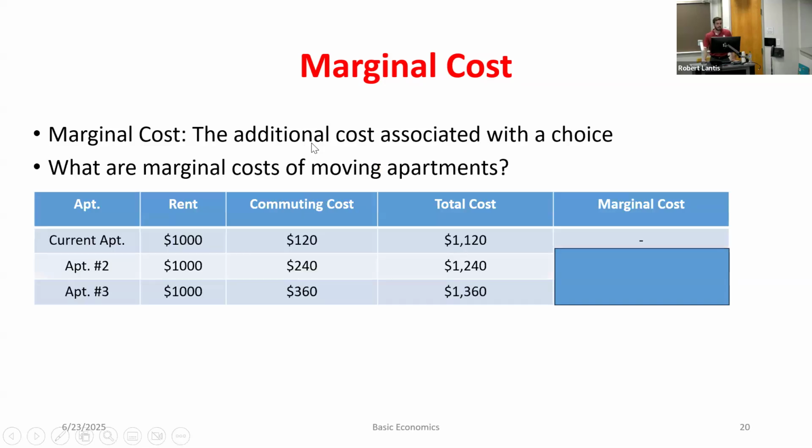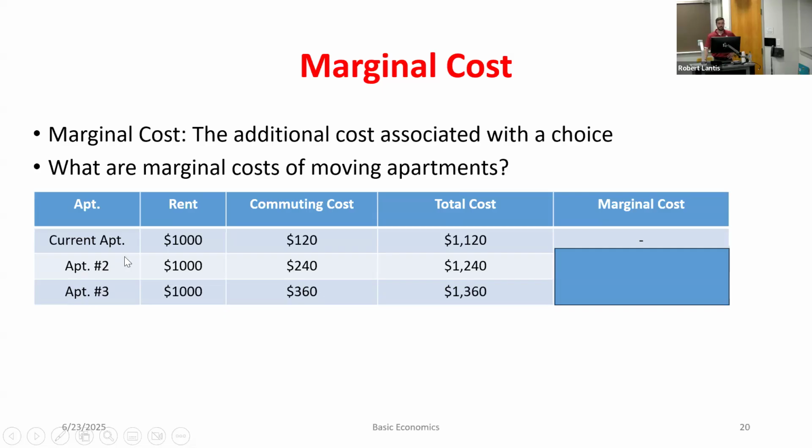So let's think about, what if I have this apartment setup? I think I went back to having the valuation at $10 an hour to get the opportunity cost, and then commuting costs and rent. Okay, so I've got my total costs. If I'm currently in this apartment where I'm paying $1,120, if I choose to move to apartment 2, what would the additional cost be?